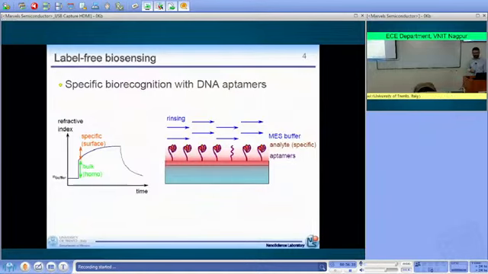waveguide. At the end, we remove the liquid, and we end up with some analyte that are bound on the surface of the waveguide. As a result, what we measure is that the effective refractive index of the mode that is traveling inside the waveguide is changed.